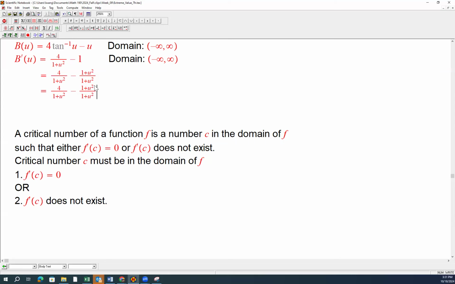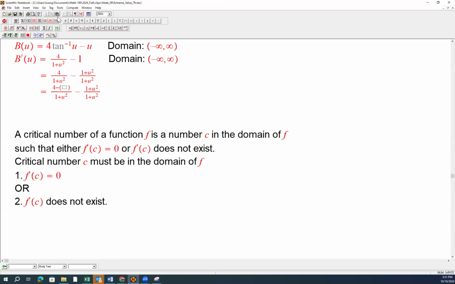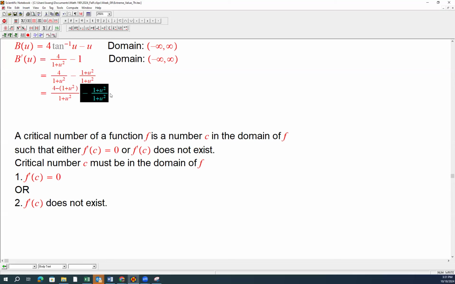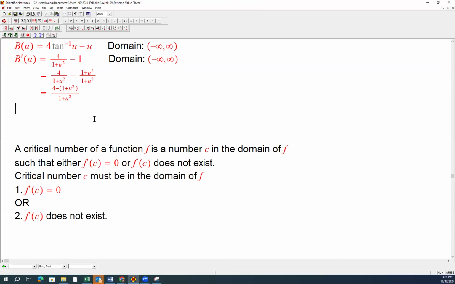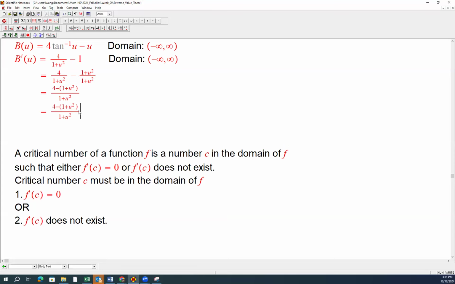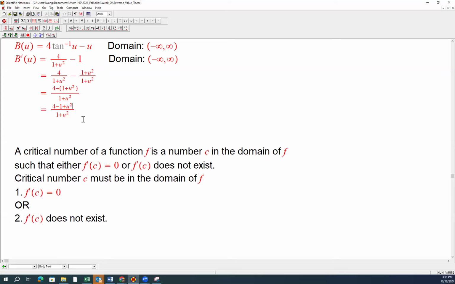And 4 minus 1 plus u squared, so this is going to be minus for that. Simplify and put it in factor form: 4 minus 1 is 3 minus u squared.